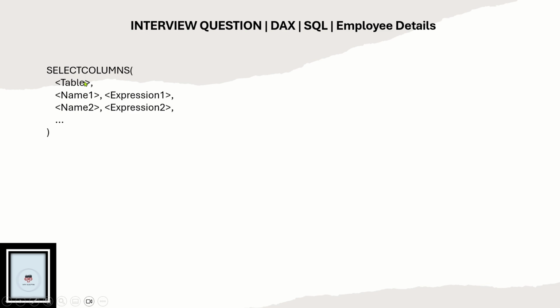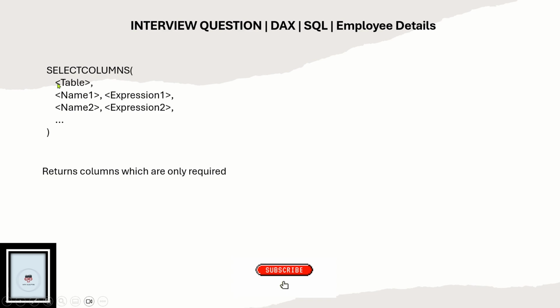Suppose this table has 3 columns A, B and C, and you want to rename them to whatever names you want. So name one should be the alias you want, and expression one should be A, and name two is whatever alias you want, and expression two should be column B. Here you can mention however many columns you want to return in this table.